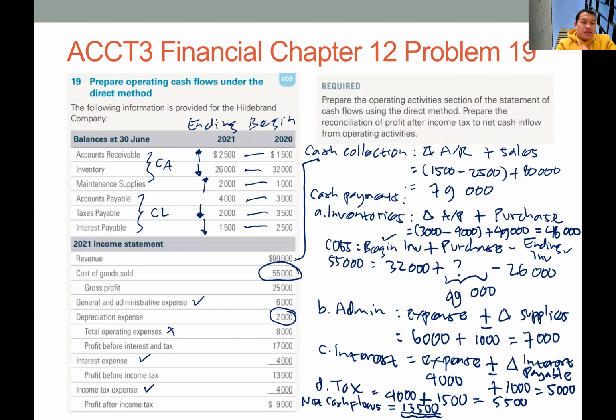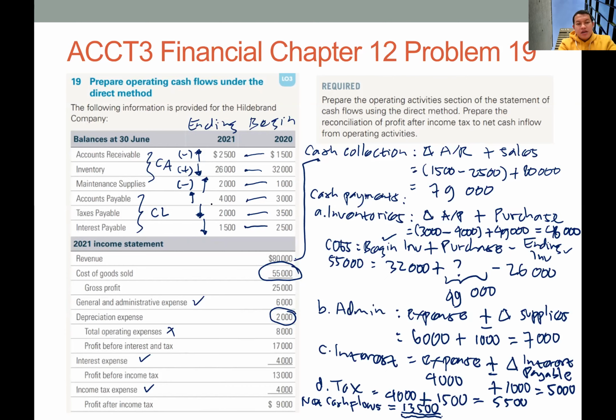Okay, and then we look at this. This one should be plus, this one should be minus. And then we look at the current liabilities. If the accounts payable balance is increasing and the tax payable and interest payable are decreasing.